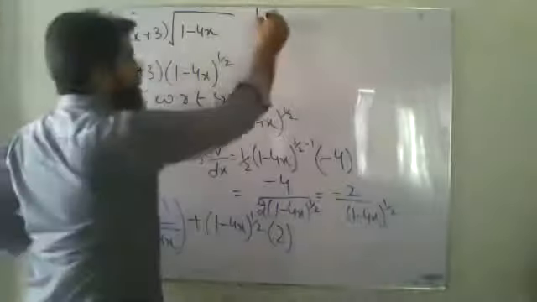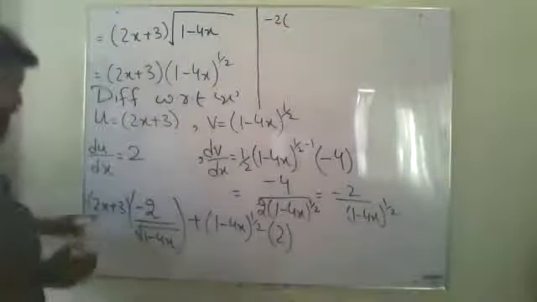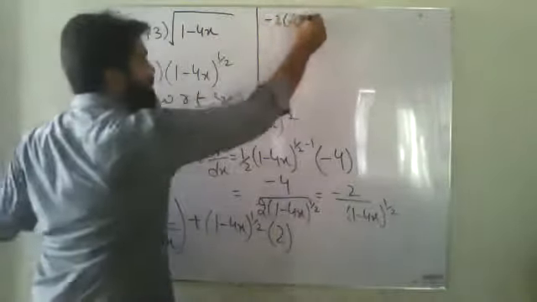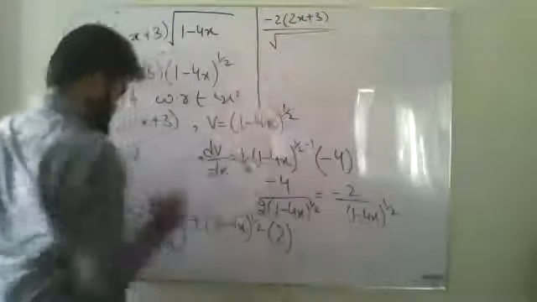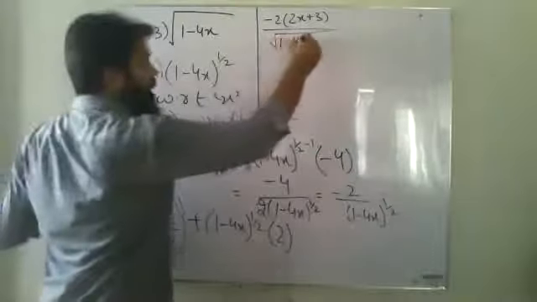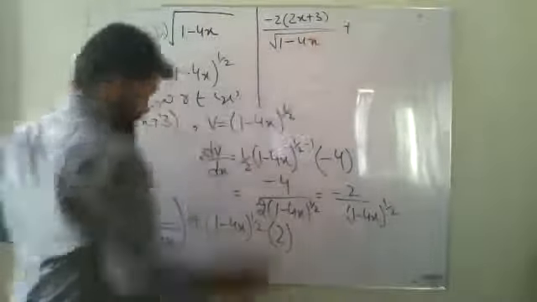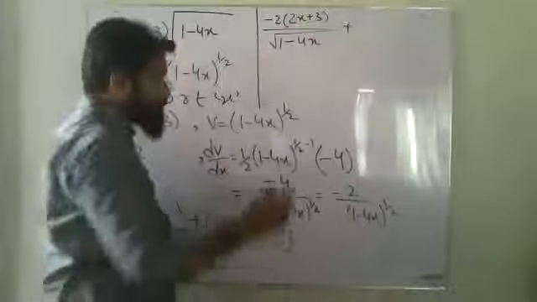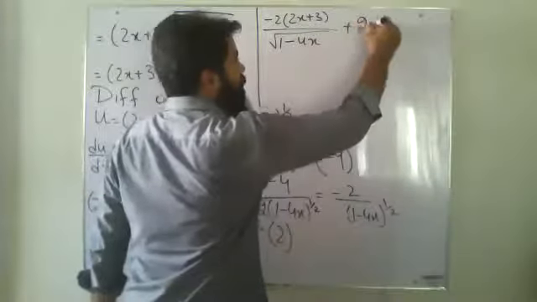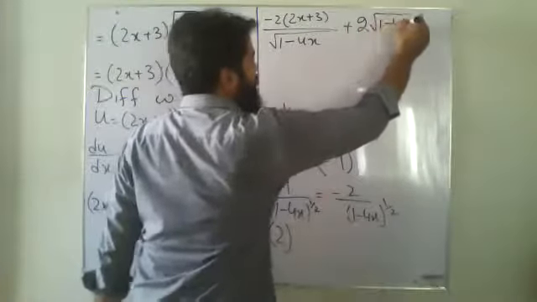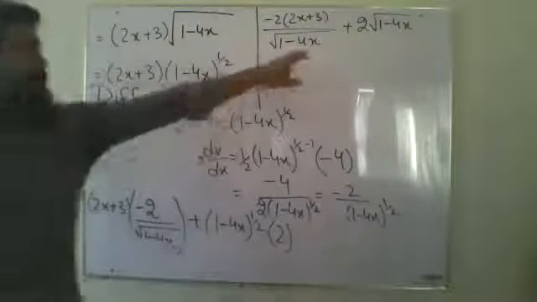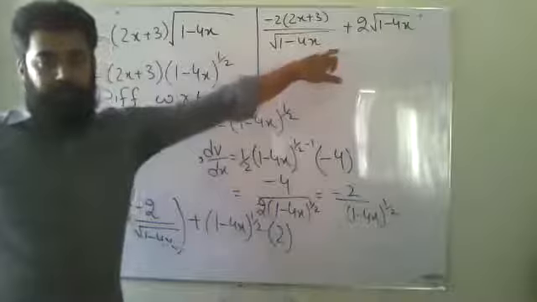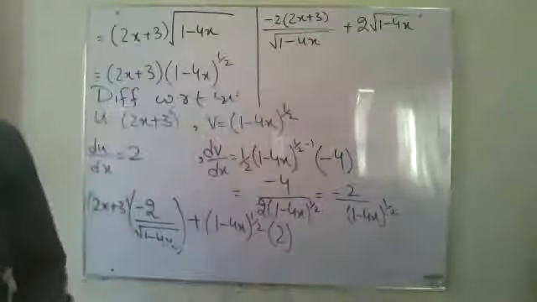one, minus 2 into 2x plus 3 over under root 1 minus 4x plus, simplifying this one, 2 under root 1 minus 4x. This thing which is over here, it is now in the simplified form. Okay, what next I can do?